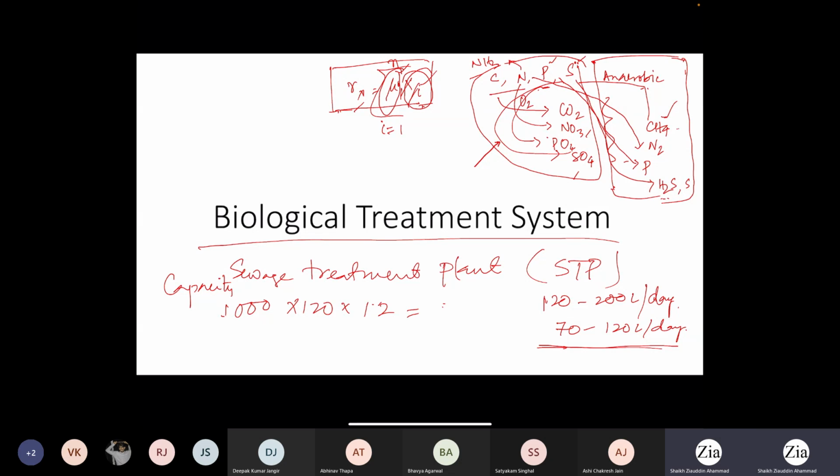And in Delhi, with the population we have, obviously we have a lot of unauthorized colonies. So even if you consider census data and then consider the population, still the amount of wastewater we generate is about 1200 million liters per day. So that is a huge volume.